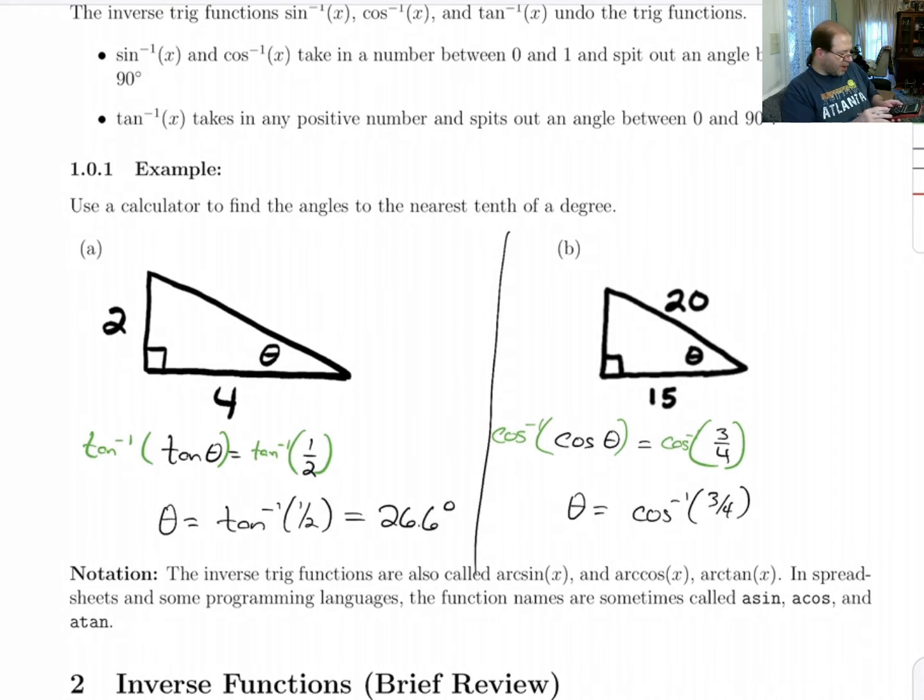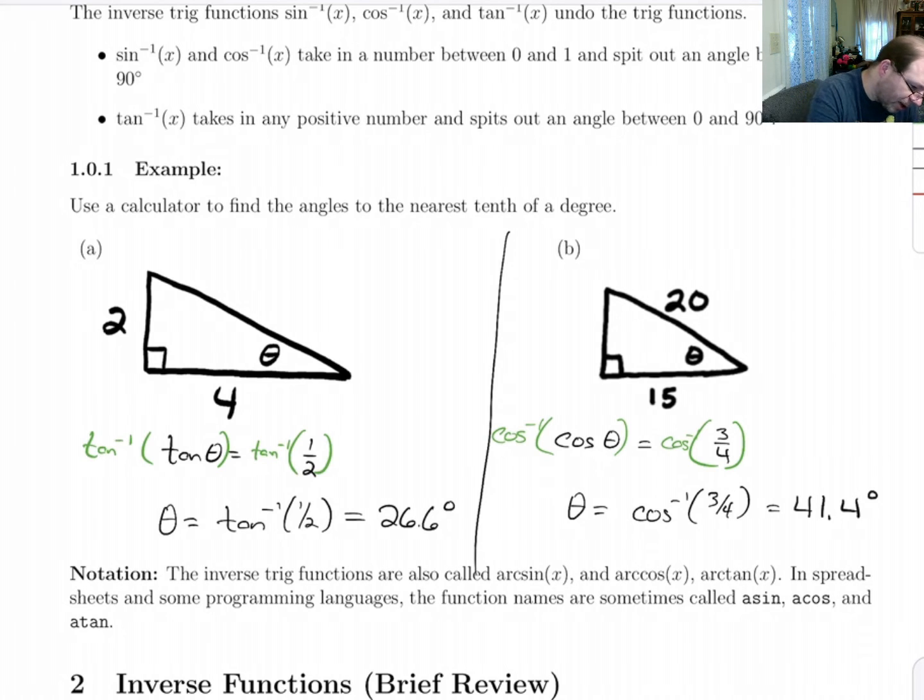And do the same thing on my calculator. Inverse cosine of 3/4 is 41.409, so 41.4 degrees. So really, it's just kind of a reverse lookup, giving you the angle that has that number as its cosine or tangent or whatever.